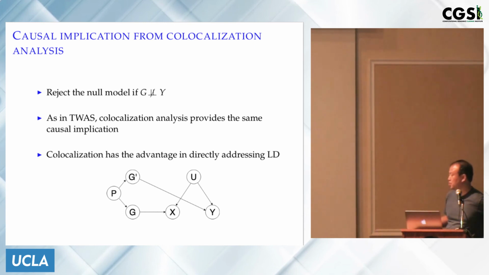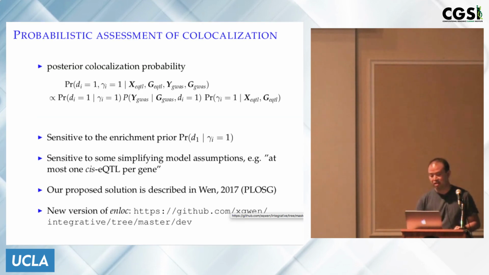One SNP causes Y, the other SNP causes X. This is really hard to distinguish unless you address LD. The results we have make colocalization analysis easy.